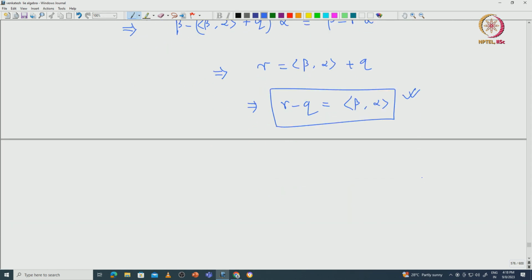So, what we can conclude from this equation is that this Cartan number of beta with alpha has absolute value at most 3. That immediately says that the root strings are of length at most 4.